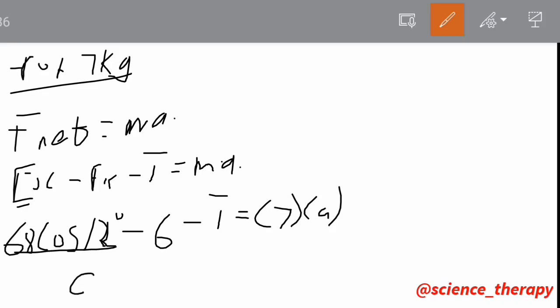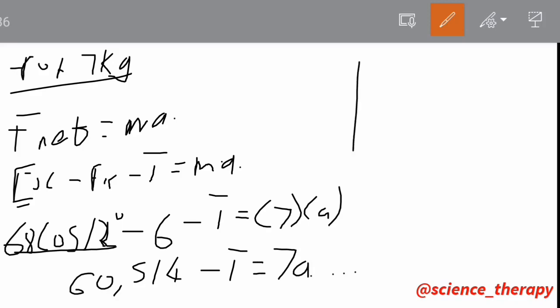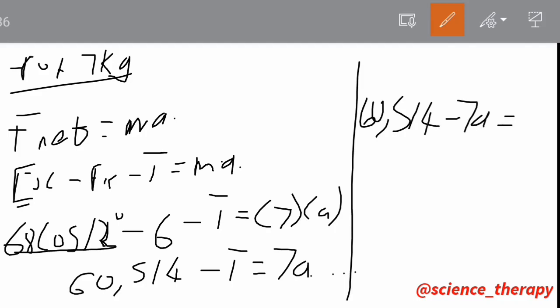It's 60.514 minus T is equal to 7a. I'm just going to round off to 3 decimals because we haven't arrived at the final answer. Then let's make T the subject of the formula, so we have 60.514 minus 7a is equal to T.